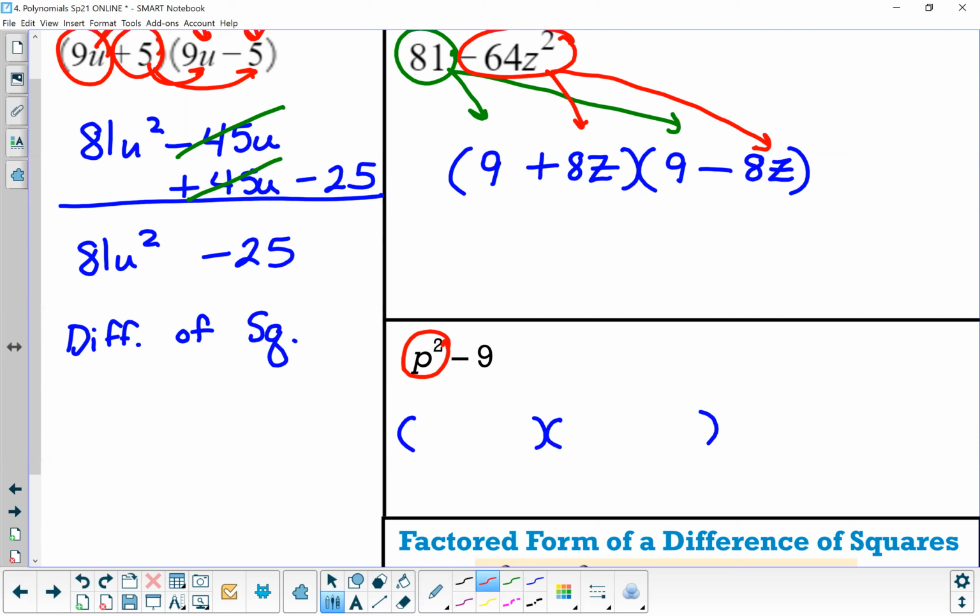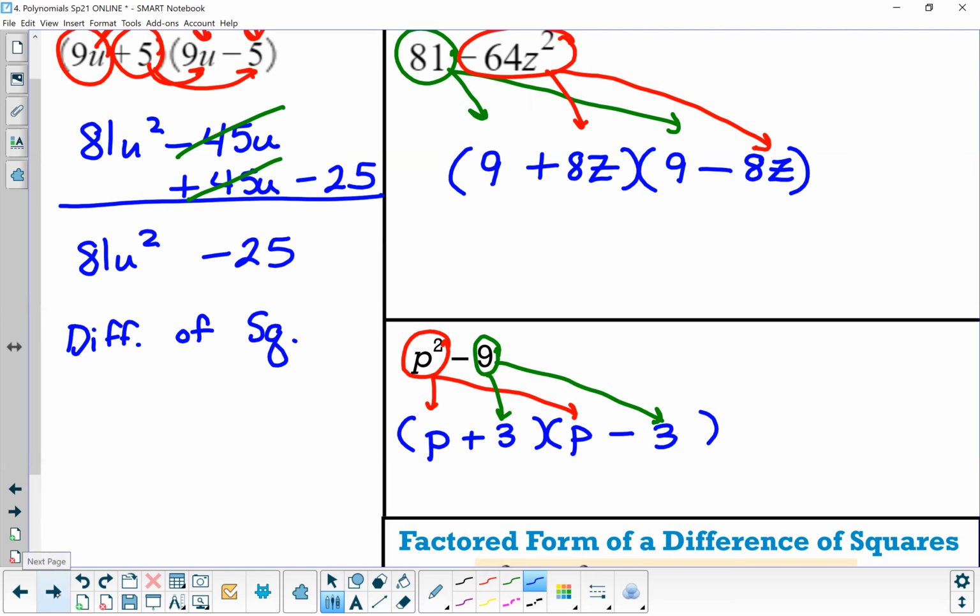So p squared tells you what goes there and there. So that's p and p, plus and minus. And then minus 9. So 9 tells you what goes there and there. So that gives us 3 and 3. And that's it. Fully factored.